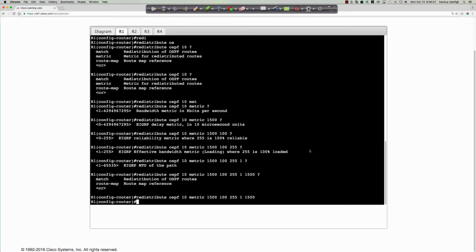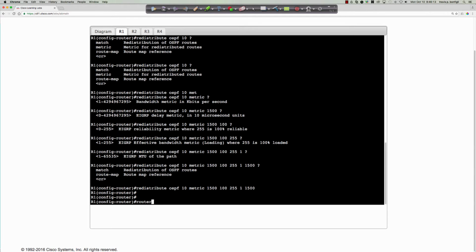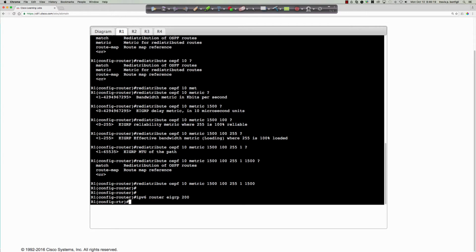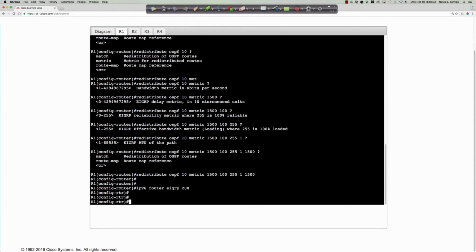Remember, redistribution takes place in the outbound direction. All right, so back here on router 1, let's say ipv6 router eigrp 200. So again, it's very similar when we're redistributing with IPv4 as when we're redistributing with IPv6.